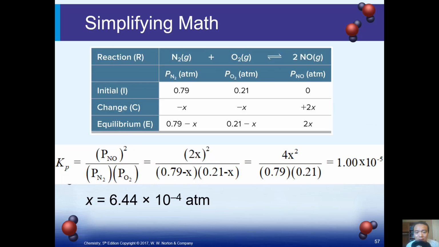For this next example, actually some information is missing. Let me add it over here. Basically, this tells you the initial concentrations.